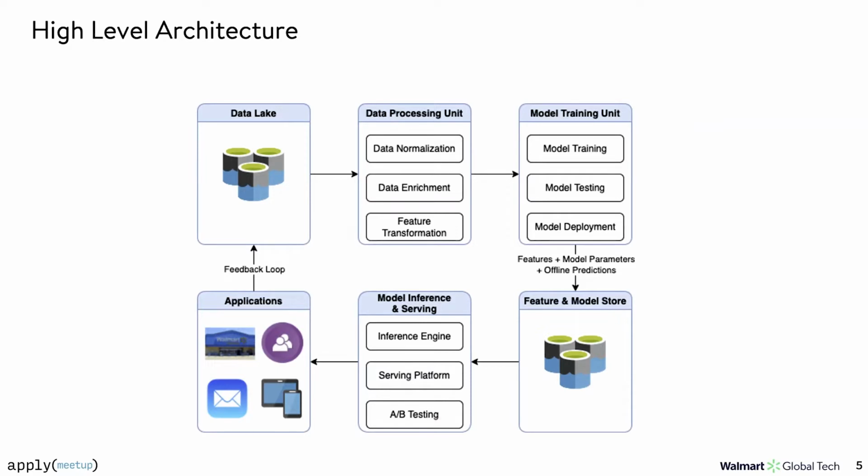Once the model is ready, we store that in the model store. All the features go to a feature store. And the model store supports multiple versions of the models. There the model is picked up by the inferencing service, and that's how it gets plugged into the application. And then the feedback loop completes by the application providing more and more data, maybe like click-through rate and other feedback, to the data lake that is used again for further training.